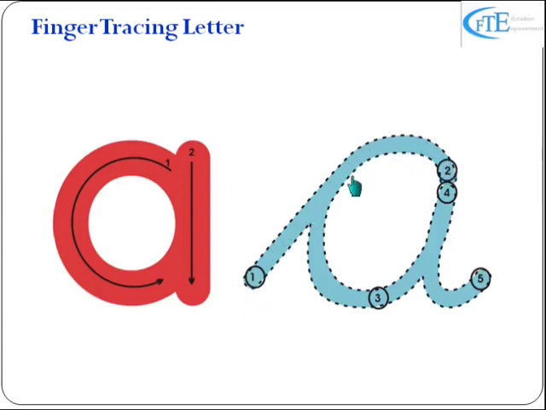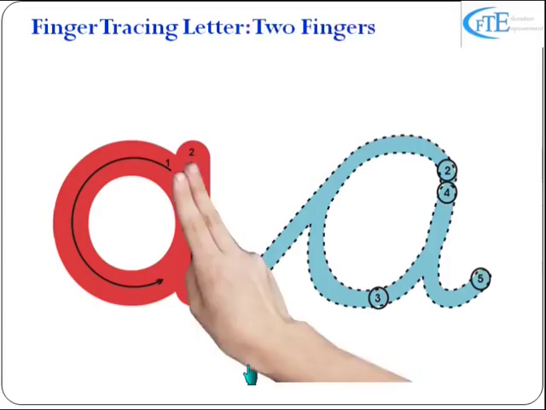A. So, finger tracing the letter has to be done by the child before the child writes the letter. And again, get the child to use two fingers, because when writing, we make use of the thumb, the index finger, and the middle finger.